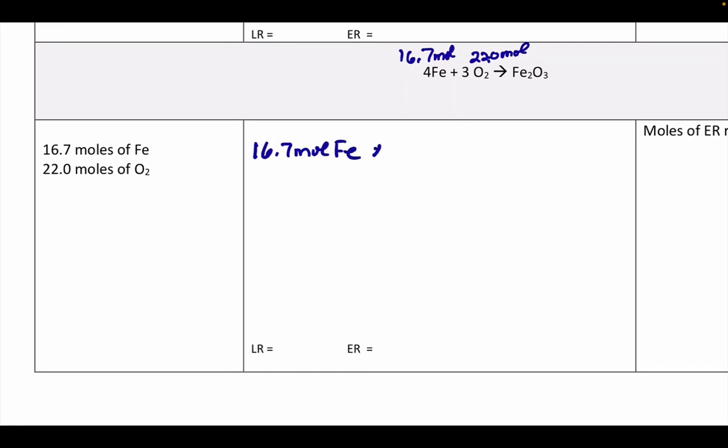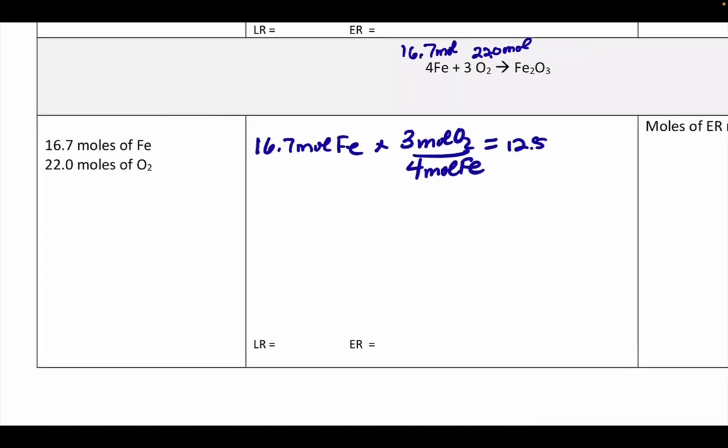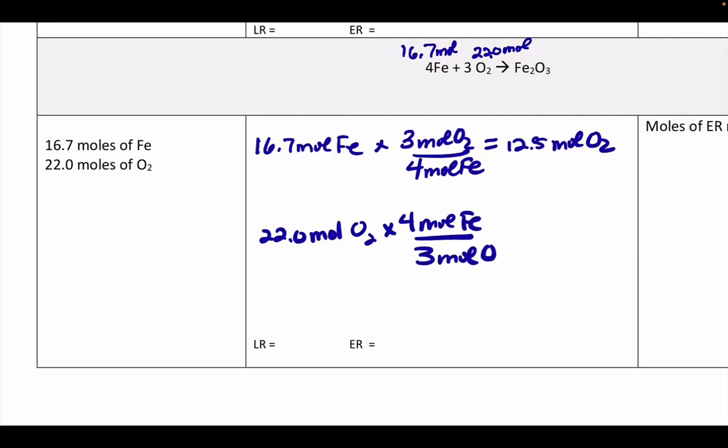But I'm going to take my moles of iron, convert to moles of oxygen. And when I do that, I get 12.5 moles of oxygen. Or I could do this, 22 moles of oxygen, convert it to moles of iron. And I get 29.3. So either one, if I do this, I still have to evaluate.